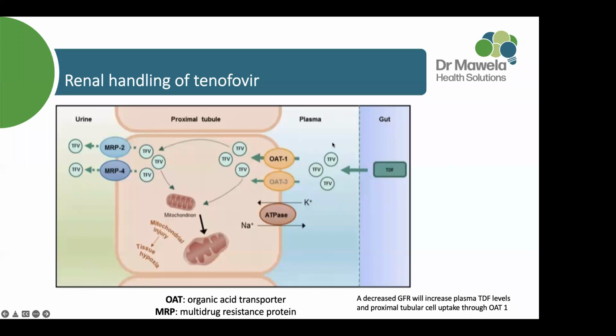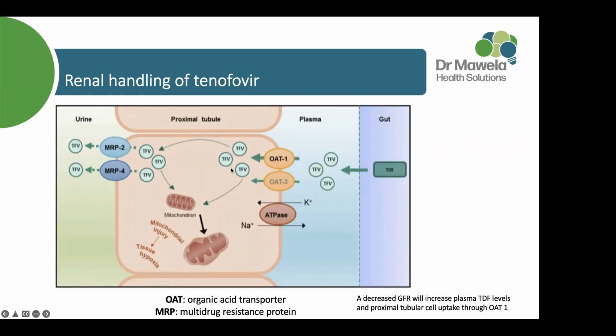And if you have higher concentrations of the active drug in the plasma, you are also going to have higher concentrations of the active drug intracellularly. We are looking at the proximal tubule of the kidneys, right? And the transportation of this active drug from the plasma into the cells of the tubules is facilitated by this organic acid transporter. We call it OAT1. So it's a transporter. It takes it from the plasma, puts it into the cells.